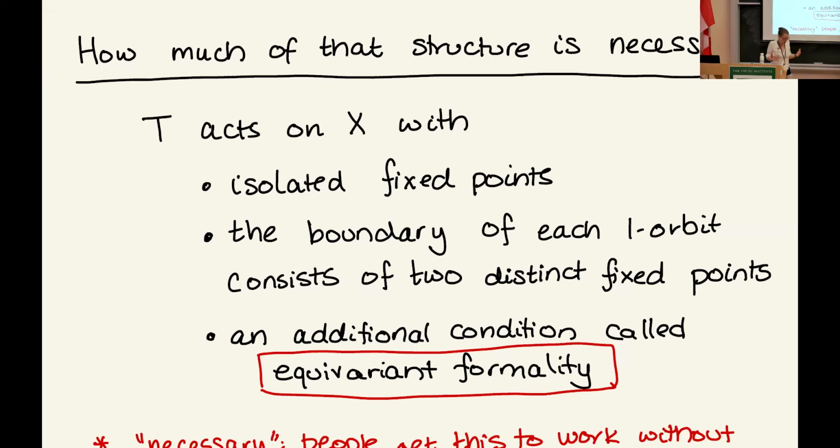But if what you want is to compute equivariant cohomology, then you can do other things also. And so people get this package to work without all of these conditions. So here's some places where I could put names like Gilman and Holm and Braden and Chen Sotili and many other people, some of whom are in this room.